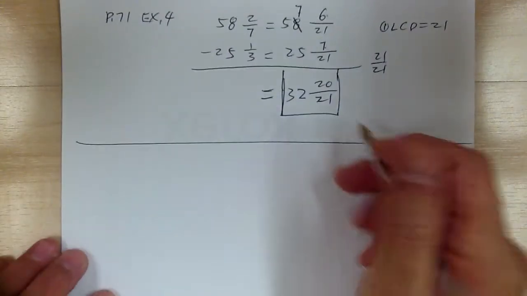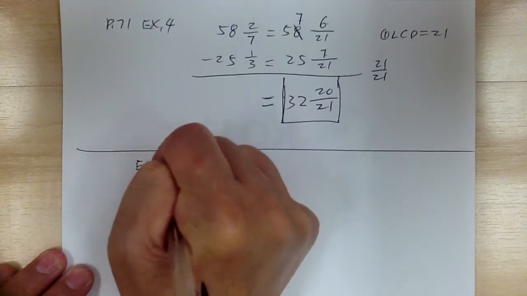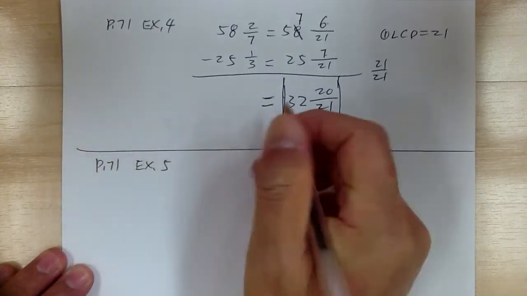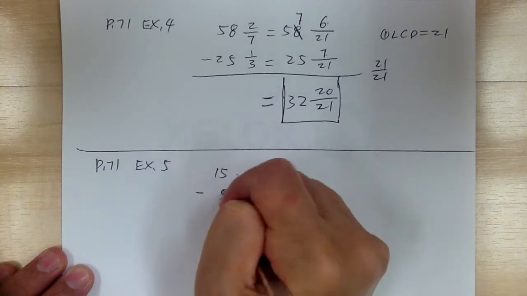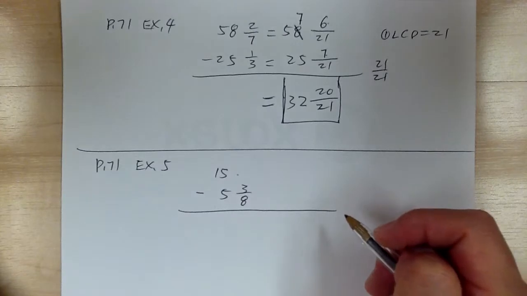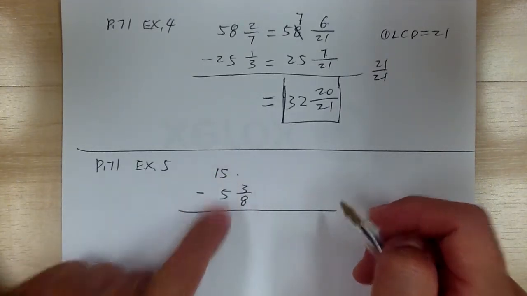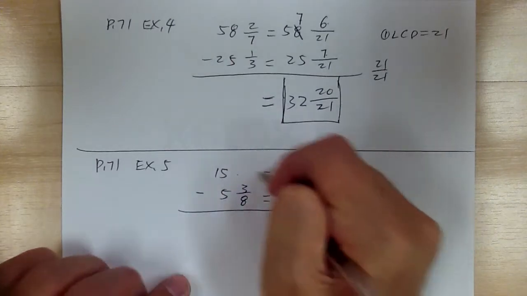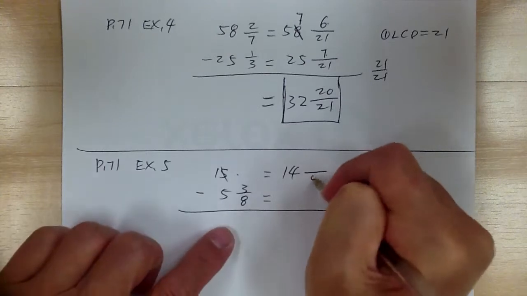Let's go to example 5. You have 15 minus 5 and 3/8. This one has no fraction, so what you can do is borrow 1 from here. It becomes 14 and 8 over 8.